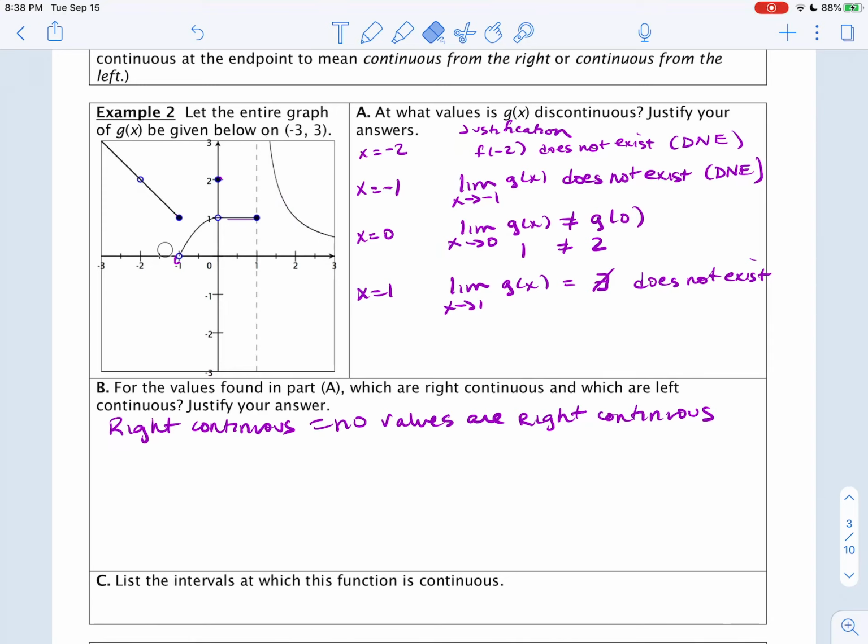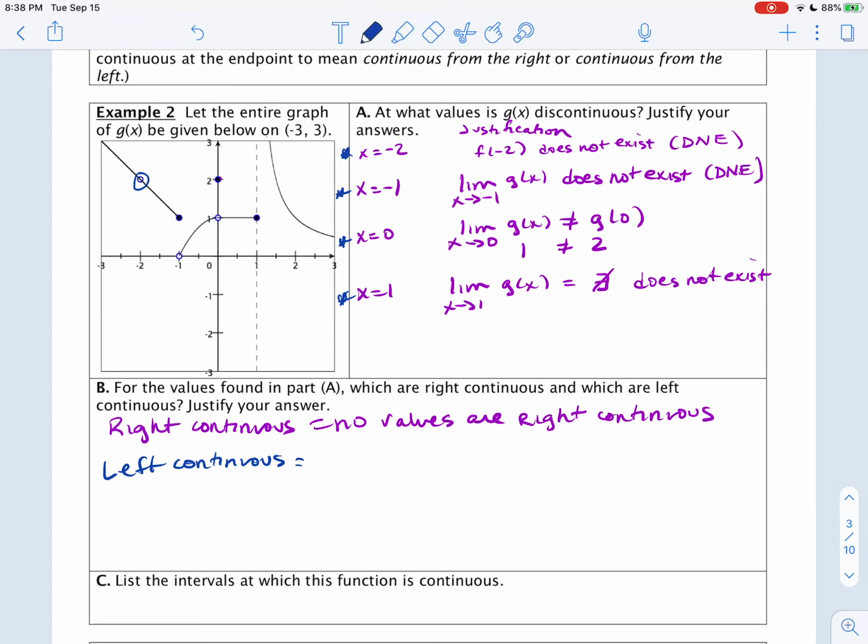All right. Now I'm going to go limits from the left, that's limits below, and which ones are left continuous. I'm still looking at these values, x equal to -2, x equal to -1, x equal to 0, and x equal to 1.